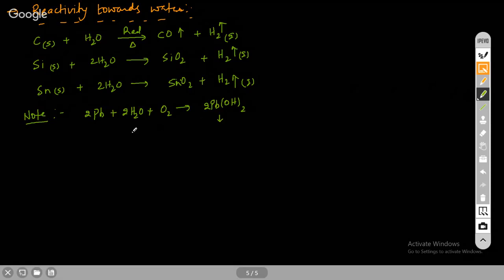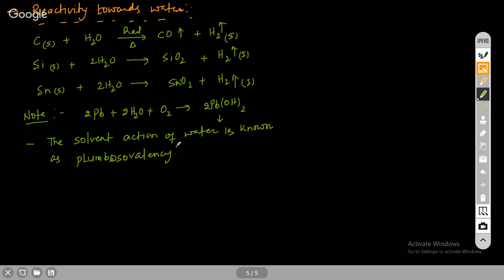Just the last point to write down: the solvent action of water is known as plumbosolvency.